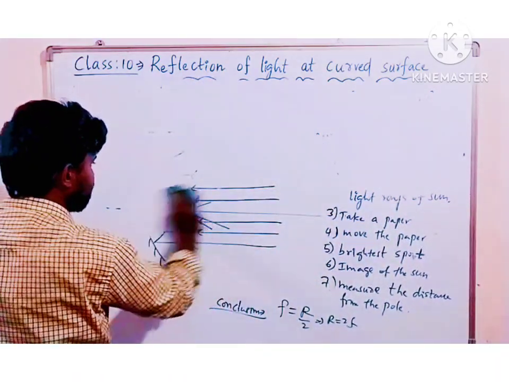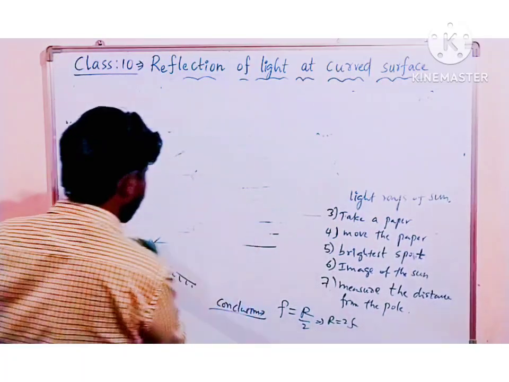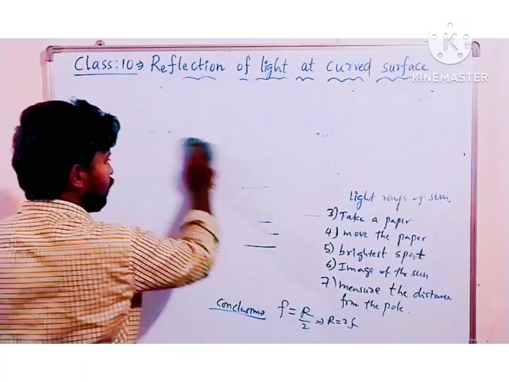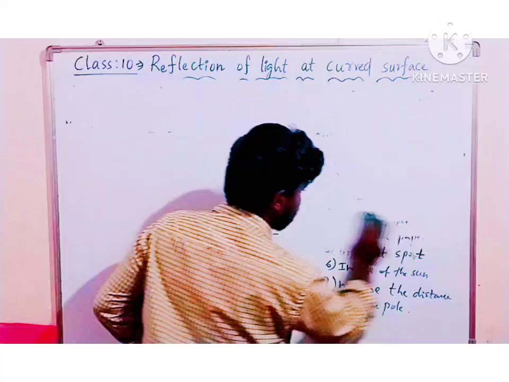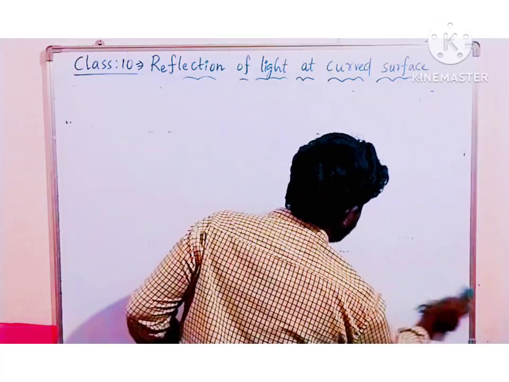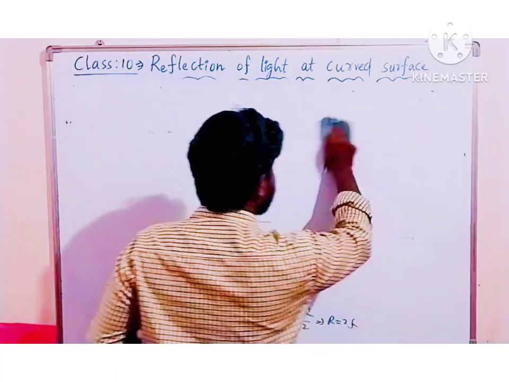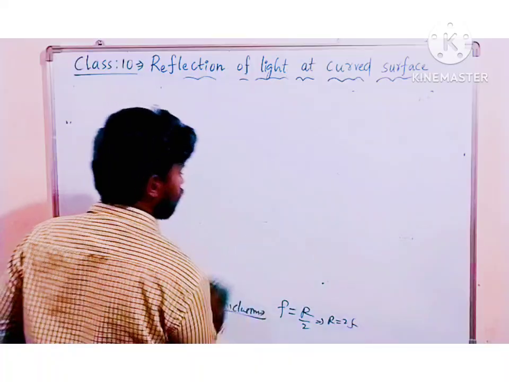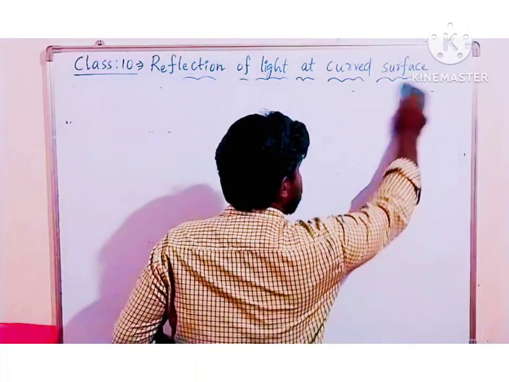Next, there is a lab activity, which is also very important: to observe the types of images formed by a concave mirror when an object is placed at different positions.